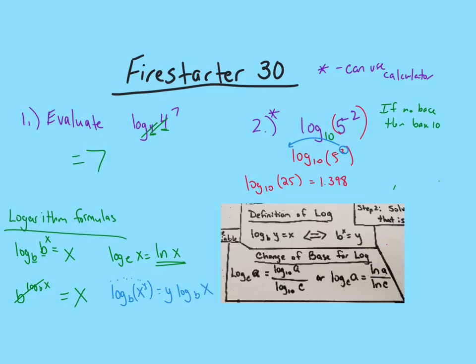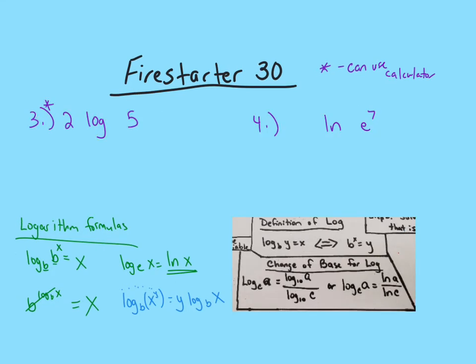So I could have rewrote this as 2 log, and remember, you don't have to write that 10 there, base 5, or log 5. And we're going to come back to this idea probably later in the week.